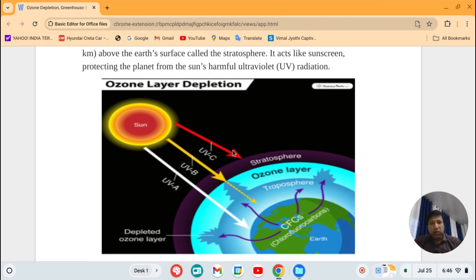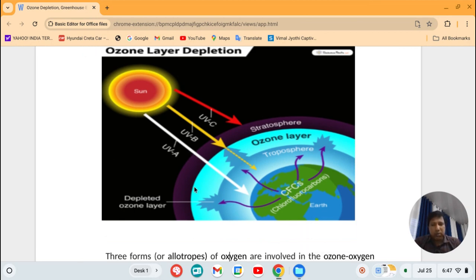UVC is absorbed by the stratosphere, UVB will be trapped by the ozone layer, and UVA will be entering into the atmosphere.